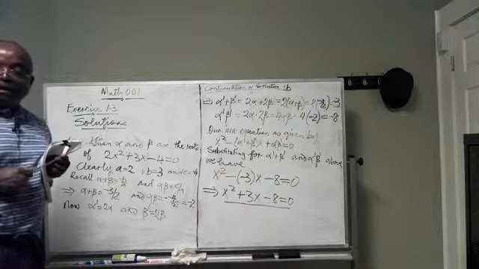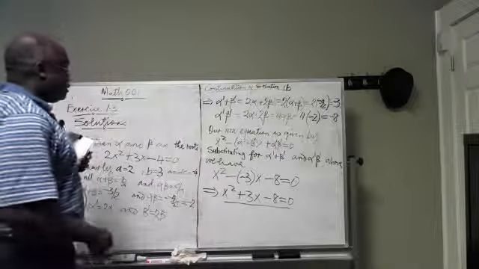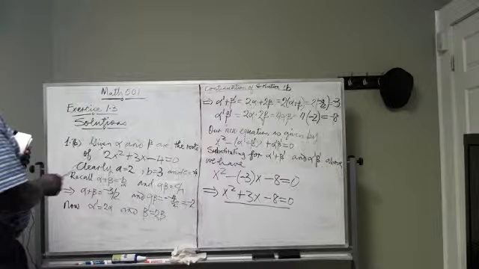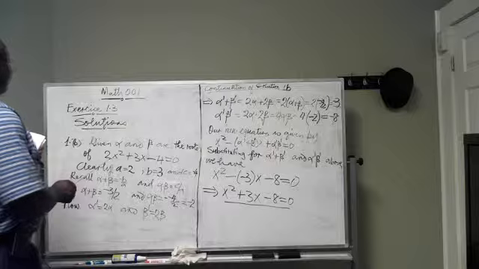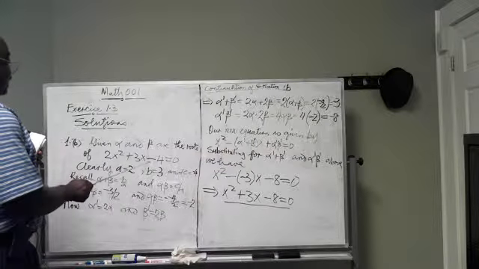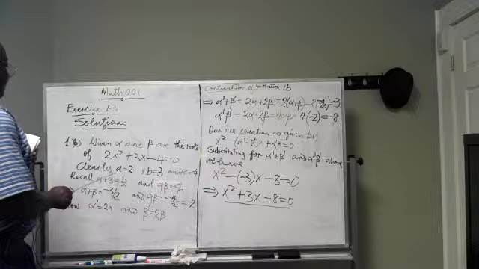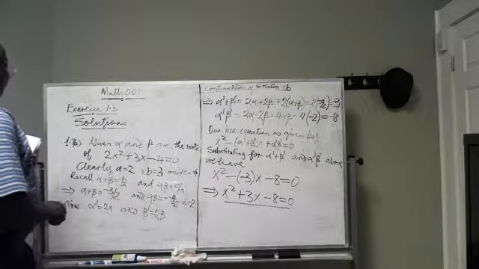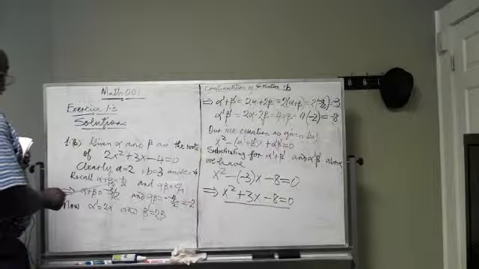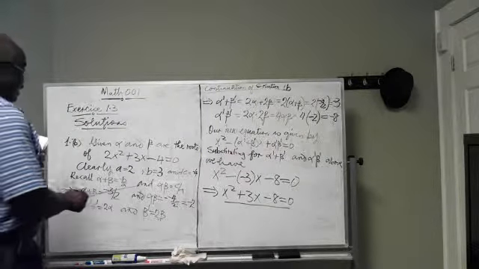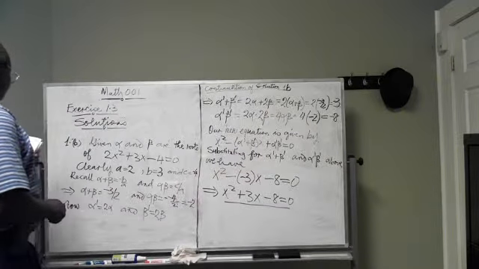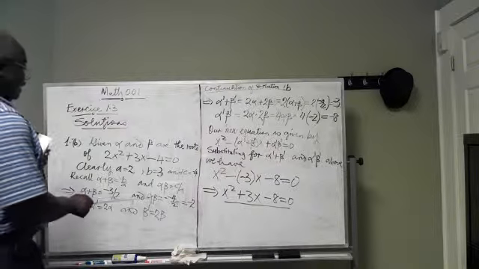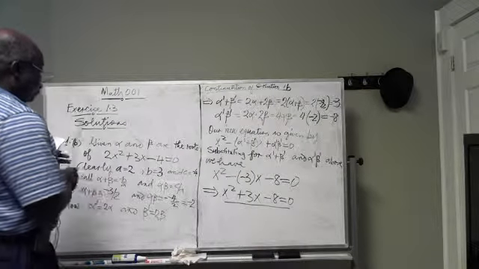But in the meantime, let me go further to explain it. We are given alpha and beta are the roots of 2x squared plus 3x minus 4 equals 0. Clearly, a equals 2, b equals 3, and c equals minus 4. Recall, alpha plus beta equals minus b over a, and alpha beta equals c over a, which implies alpha plus beta equals minus 3 over 2, and alpha beta equals minus 4 over 2.